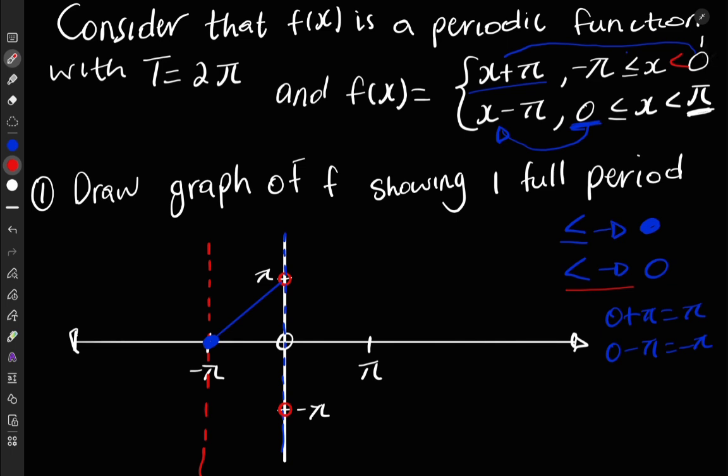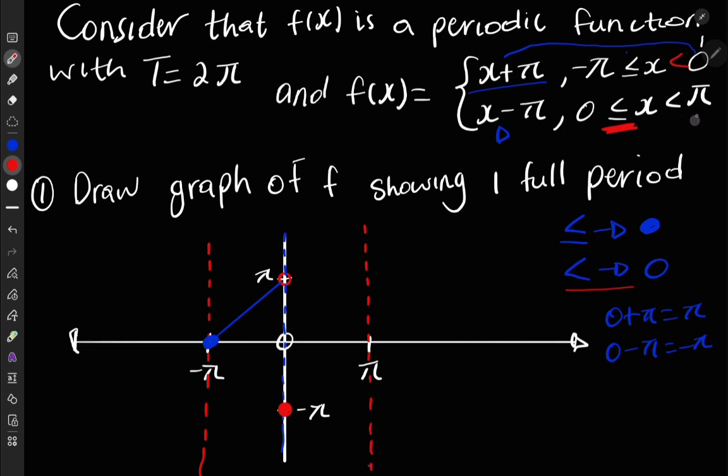Fine. And then you have to look at the upper end of this part. From here, you can see that it's included, so it's going to be a solid dot. Then you take this one again, because you know it will take place on this dotted line here.